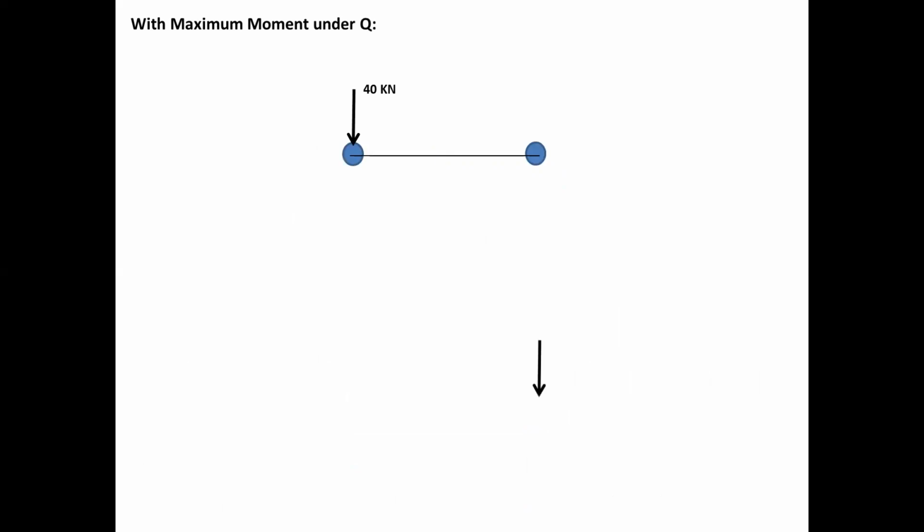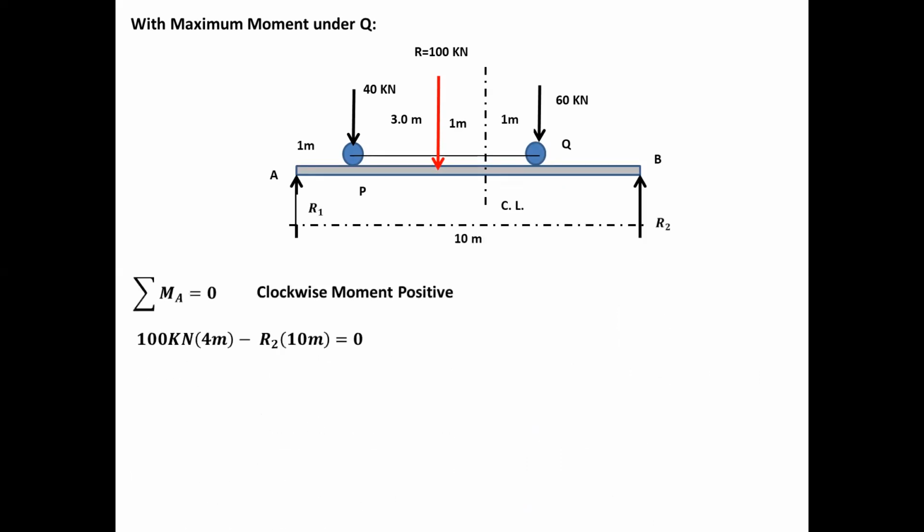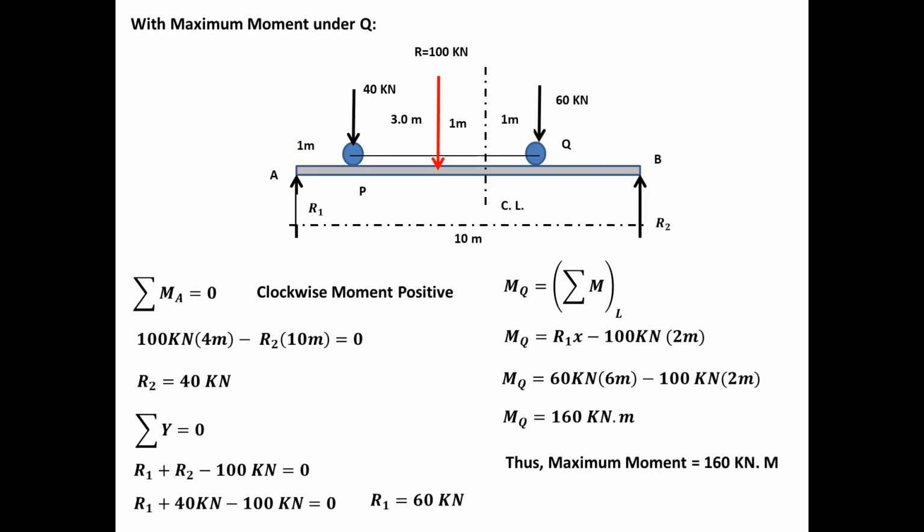Pero ngayon, ang value ng ating MQ is higher. So definitely, kung ano yung higher, yun ang ating maximum. So ang value ng ating MQ is equal to 160 kilonewton meter. So yan ngayon ang ating maximum moment. So kapag nagde-design tayo, lagi nating pinipili ang maximum moment.